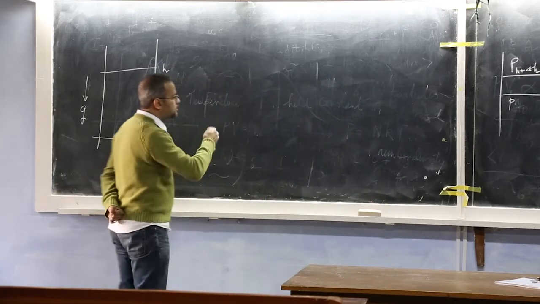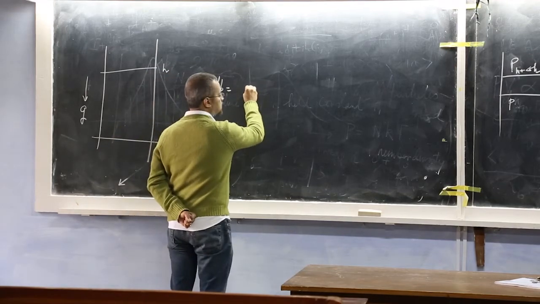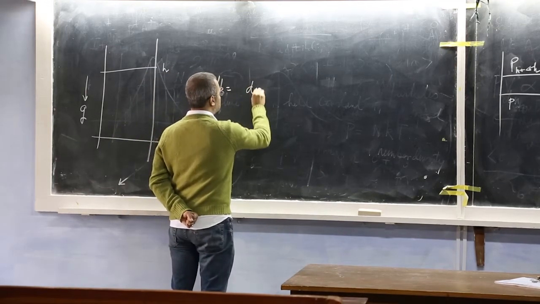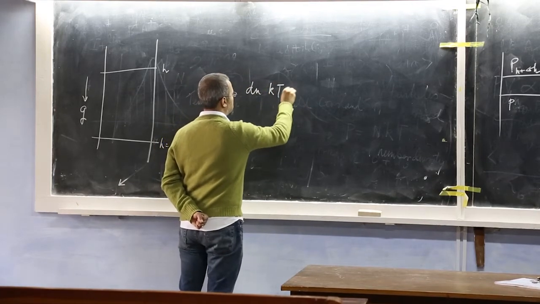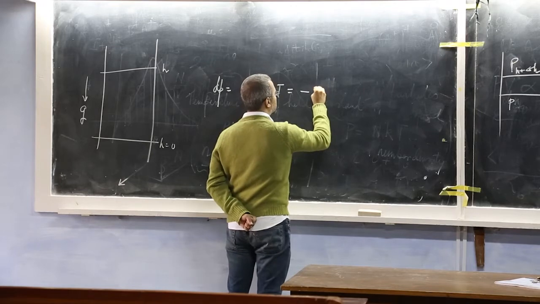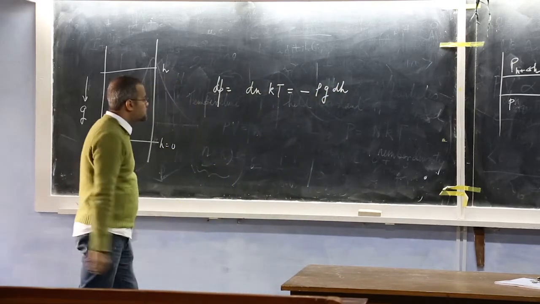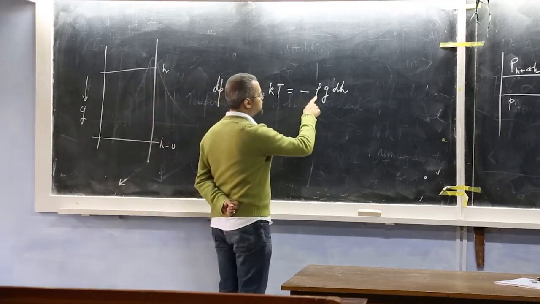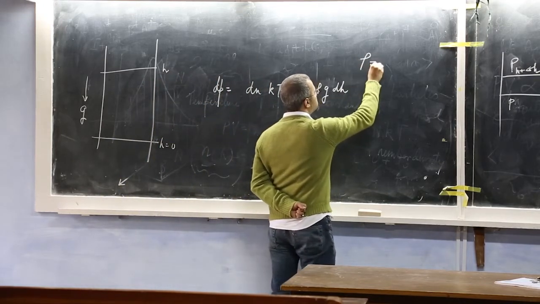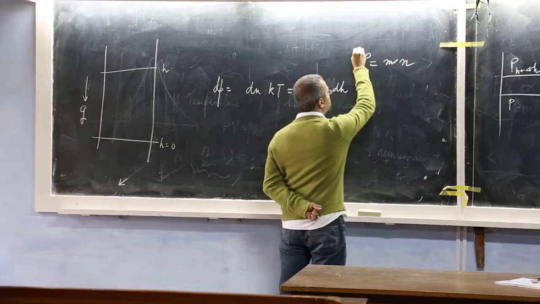So you have dP equals dn kT equals minus rho g dh. Now this rho, which is the density of the gas, is basically the mass of each molecule times the number density.